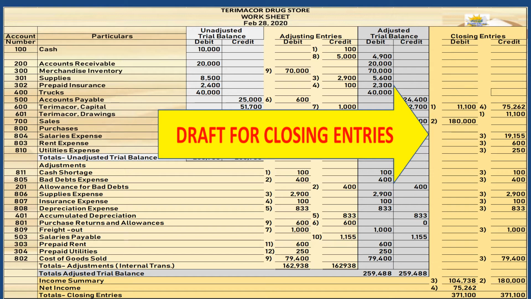And if we record the closing entries to the books of accounts right away, we might end up erasing some of our closing entries to give way to a more accurate financial statement.